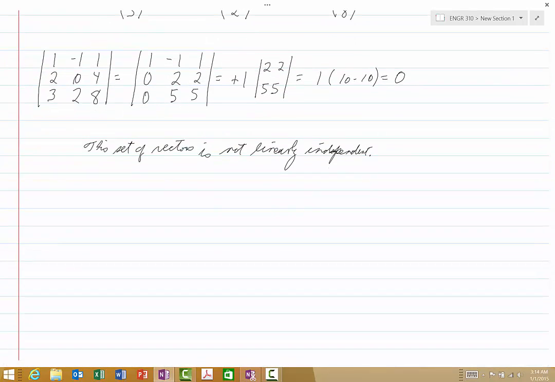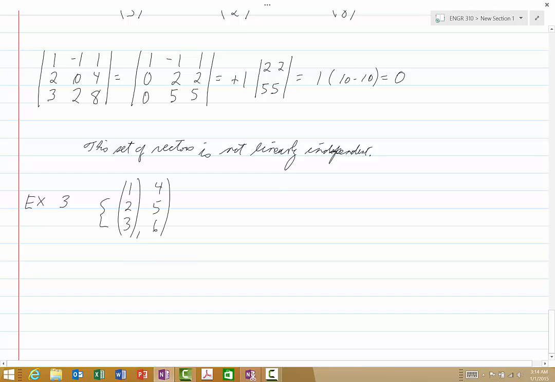And now finally, for example 3, let's suppose that we had this set of vectors. Let's suppose we had 1, 2, 3, and 4, 5, 6.